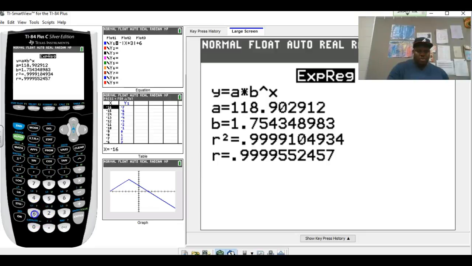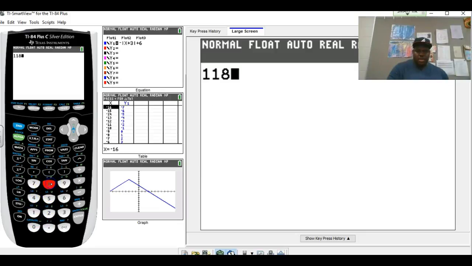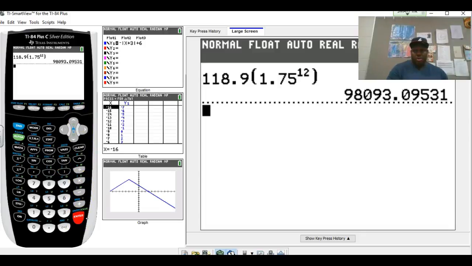So I'm going to go 118.9 times 1.75 raised to the 12, and let's figure out how much bacteria we have here. Enter. 98,093.